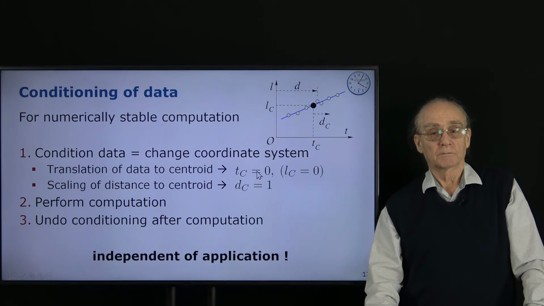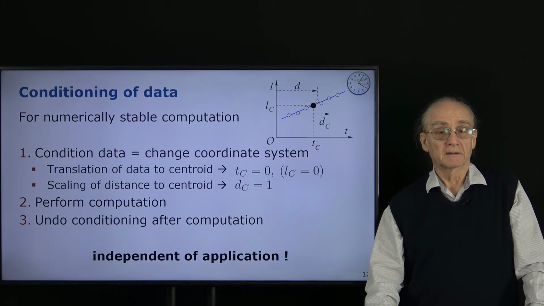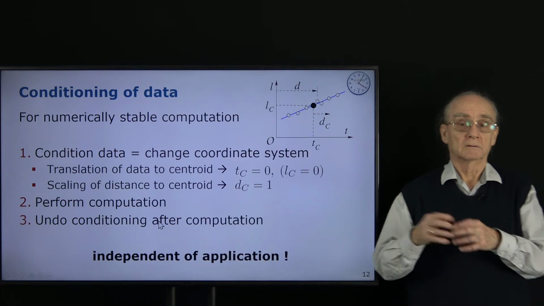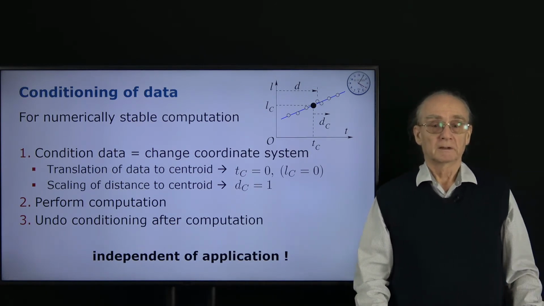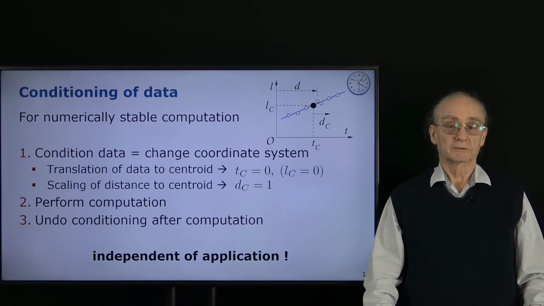Of course, we do this for both systems, the given and the observed system. And we scale the data such that the distance to the centroid is 1, unitless. Then we perform our computation with these conditioned data and have some estimate. And then afterwards we undo this conditioning. That means we shift back and scale and come to our original result, which we would like to have.